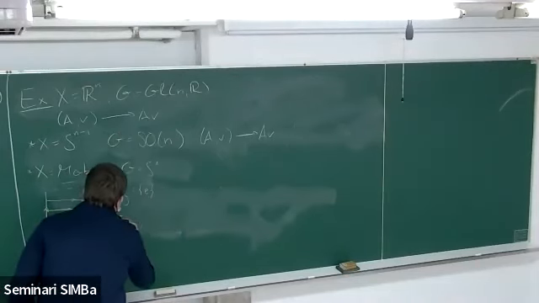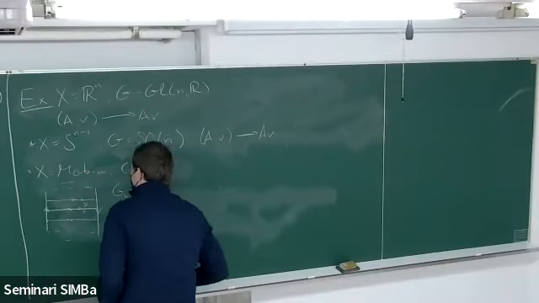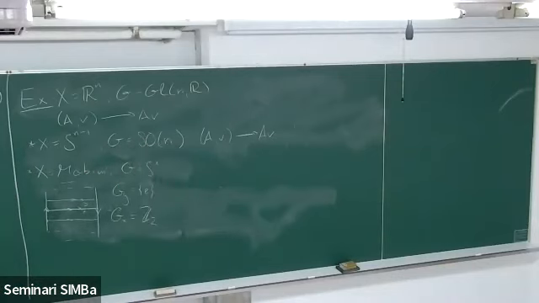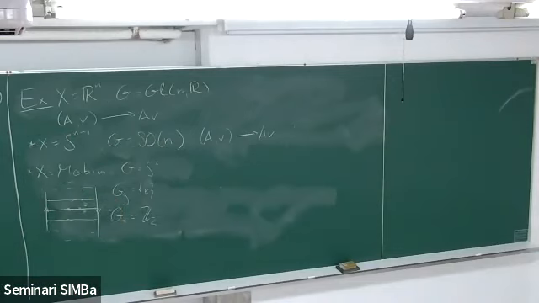But next, the stabilizer is in this case Z_2. So if we want to study group actions, we should somehow have theorems that let us see the difference between these two types of orbits.